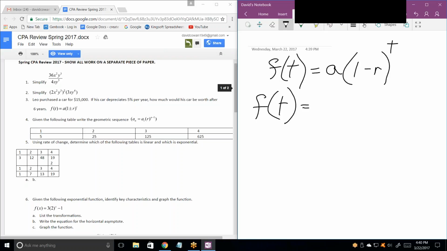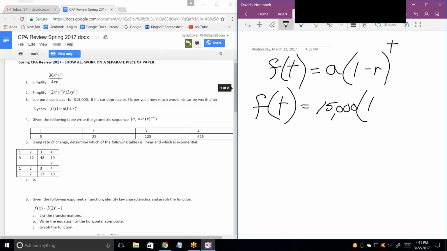It's compounding interest on either appreciation or depreciation. And so A is the starting value. What was the car originally worth? It was originally worth 15,000. That's what A is.